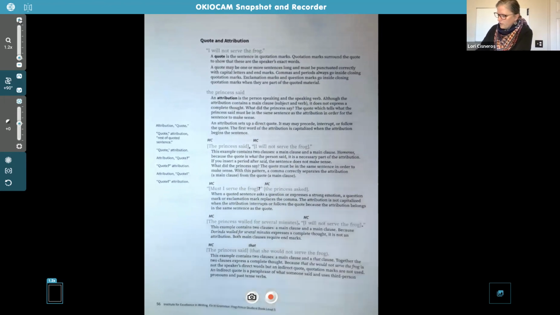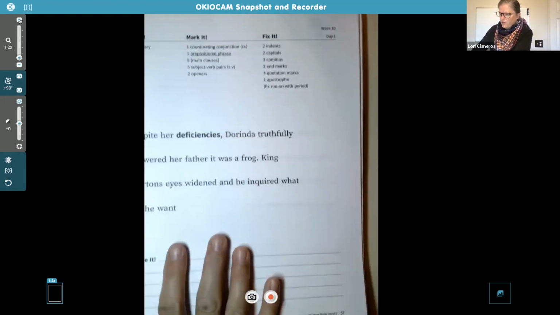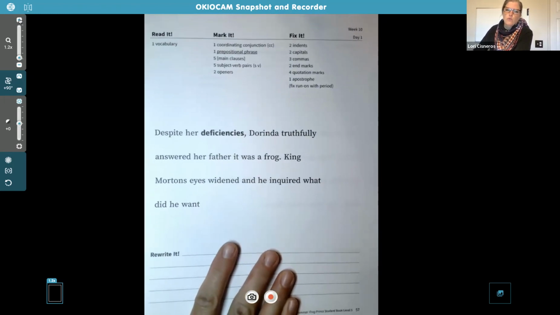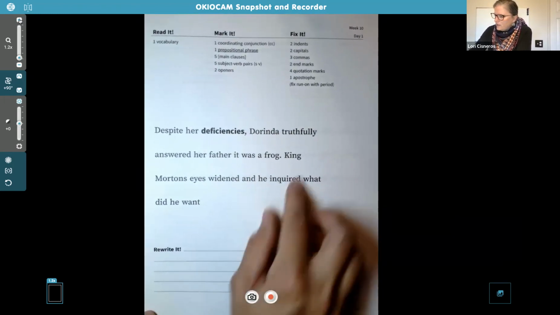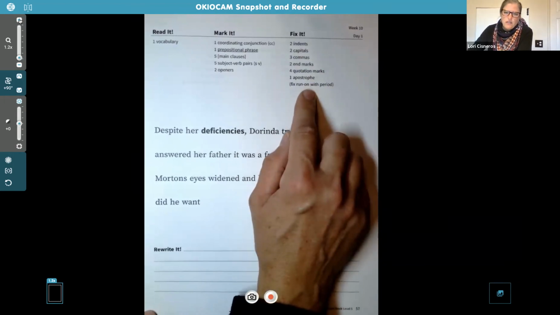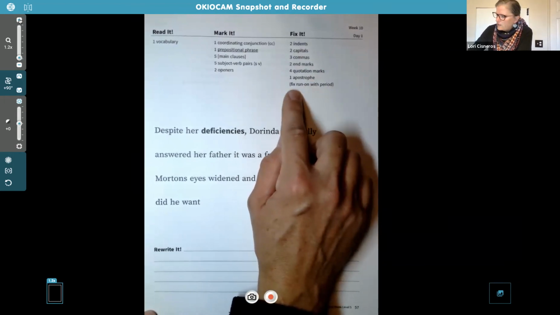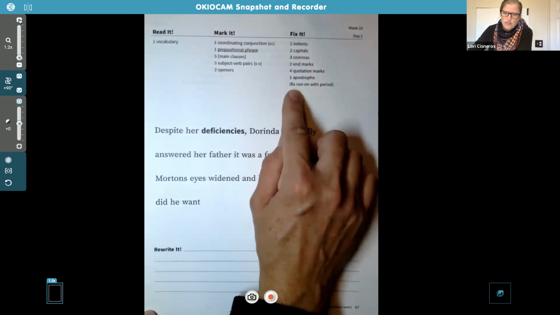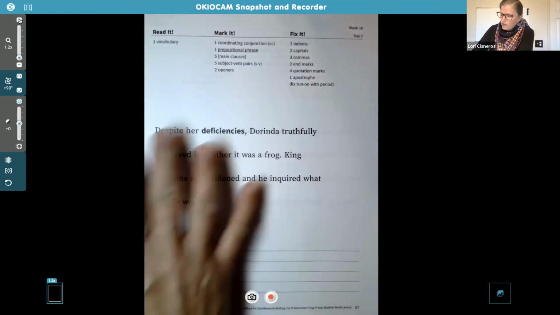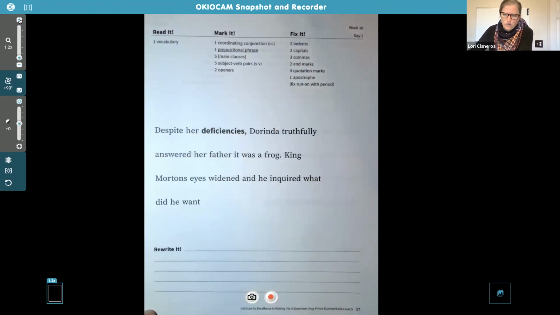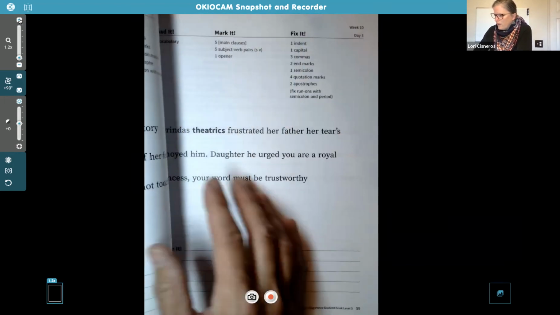All right, we're just going to look for a second on page 57. I'm going to have you do this as part of your homework. But I wanted you to see here at the bottom of this fix-it list, it does say fix run-on with a period. So it does give you the clue on what you're looking for as far as your run-on sentence in your example here. So that's true for each one.